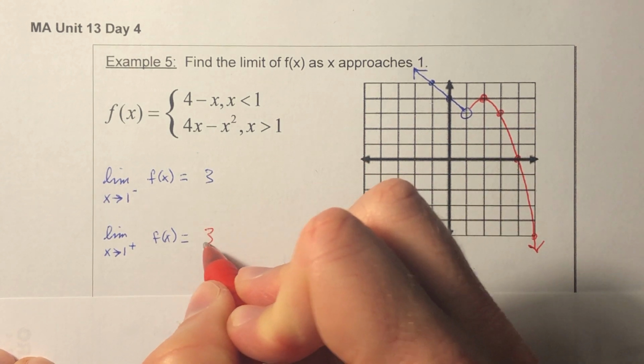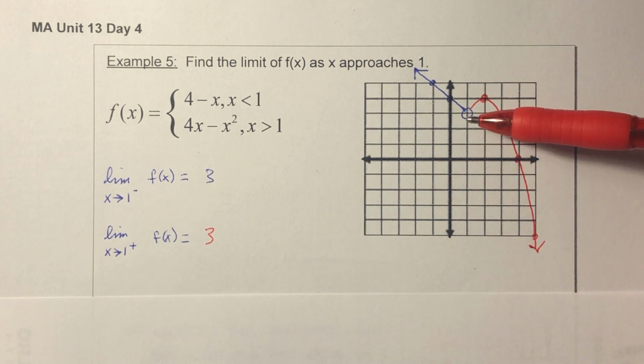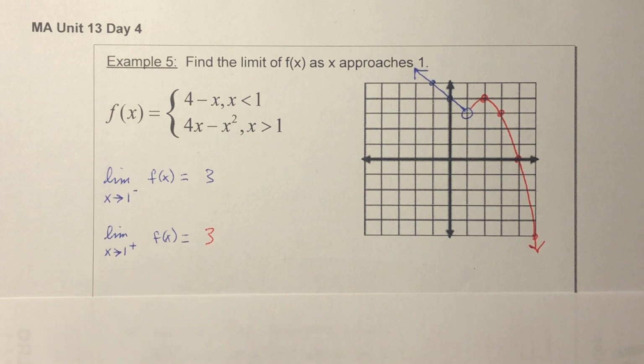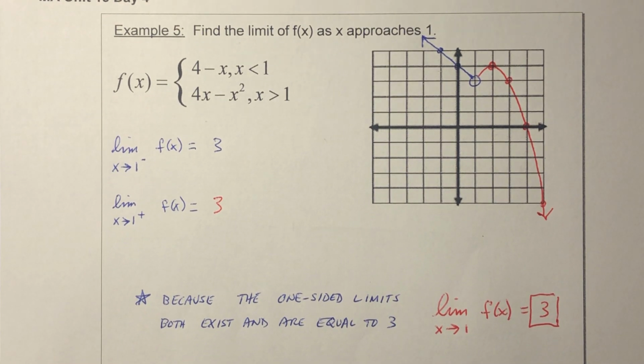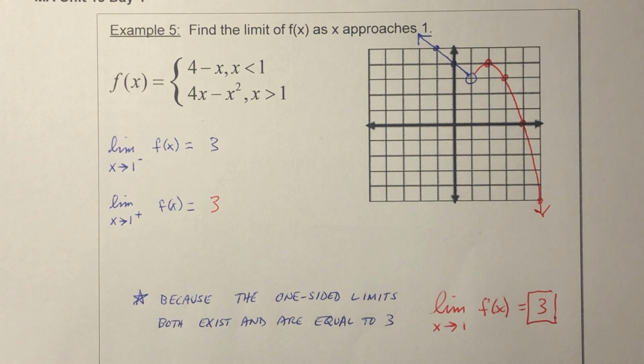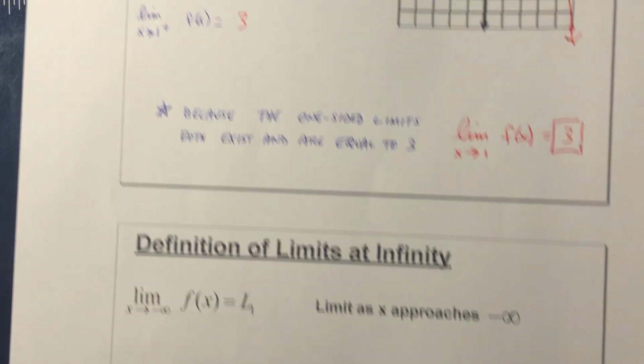The answer is 3. So from both sides on this one, we approach 3 as x approaches 1. Because the one-sided limits both exist and are equal to 3, the limit as x simply approaches 1 is 3.